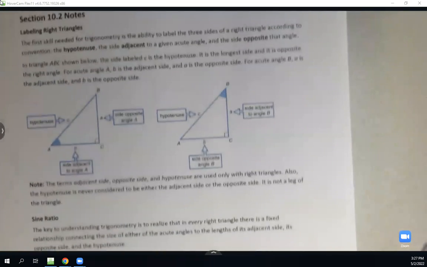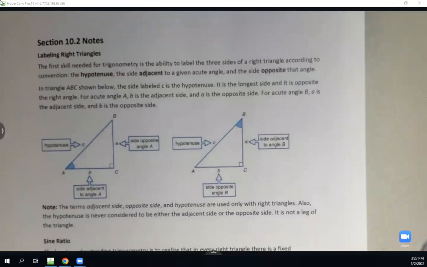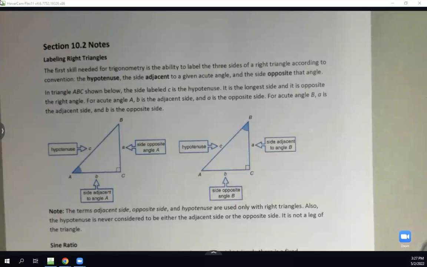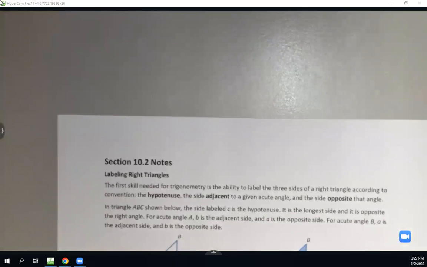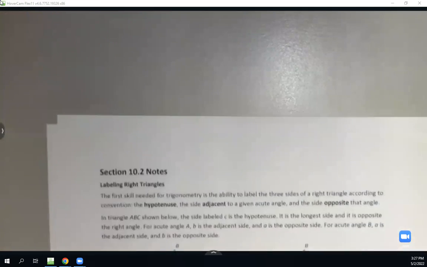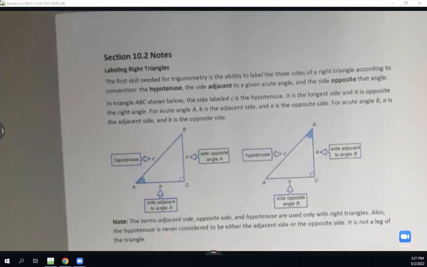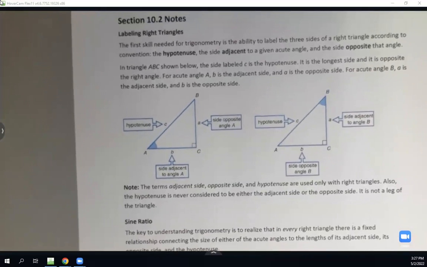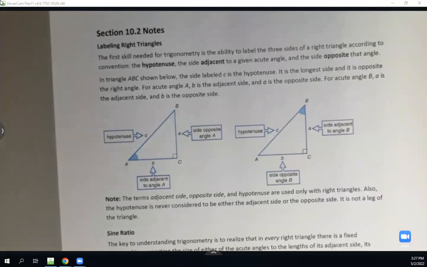So that finishes section 10.1. You should be able to handle the section 10.1 homework. So next time, we'll look at section 10.2. In section 10.2, we're going to be talking about what are called the trigonometric ratios.